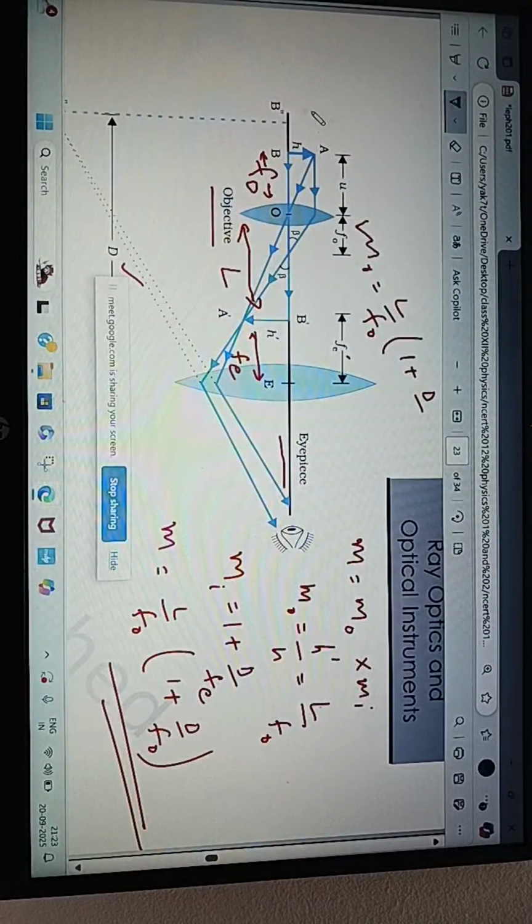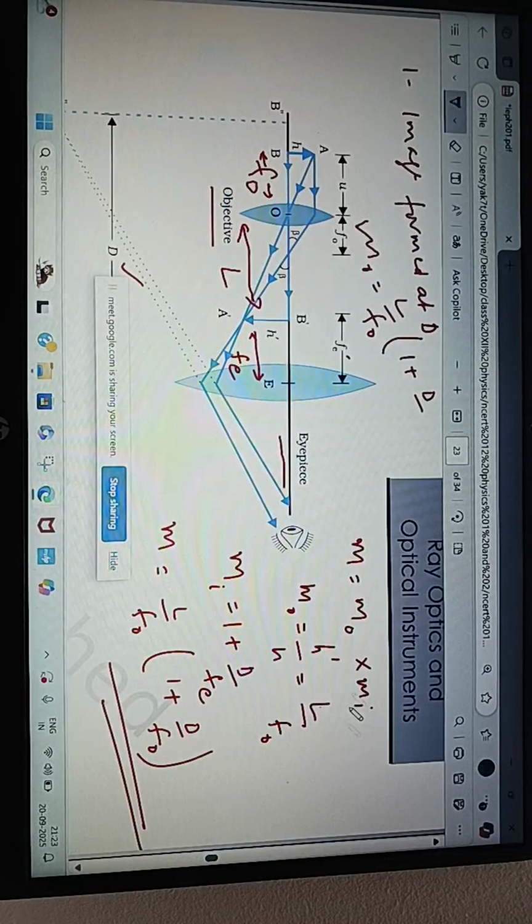The first type is the diagram which is shown, where the image is formed at the distance of distinct vision D. That time this is the formula, and the derivation you understood already. This length is called v, approximately equal to L, so that's why L by f0 will come.